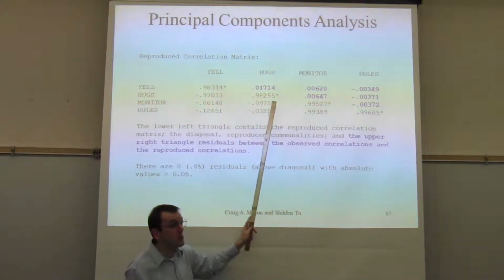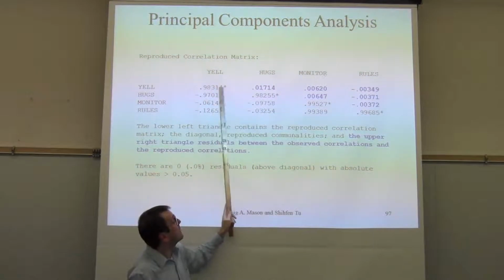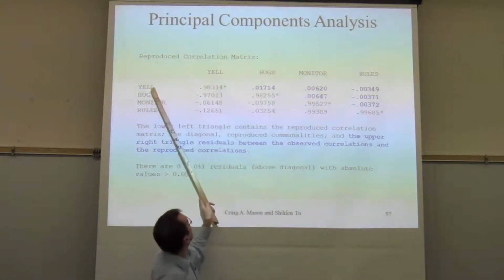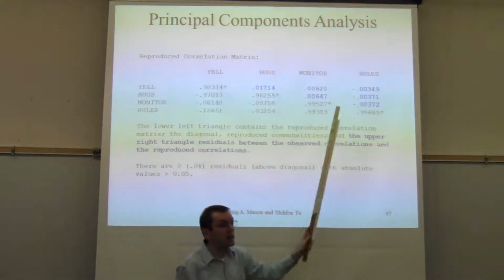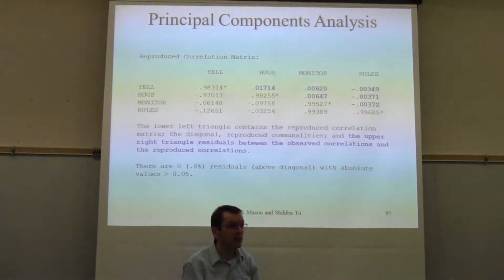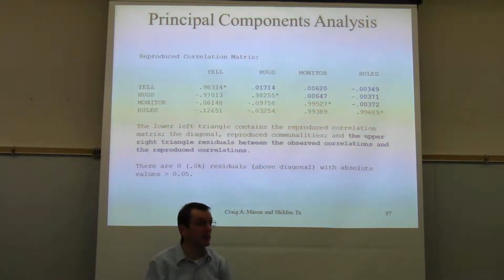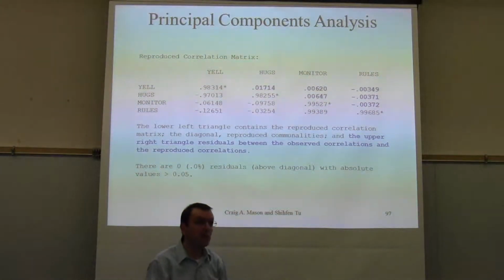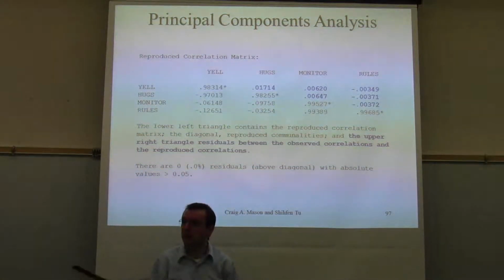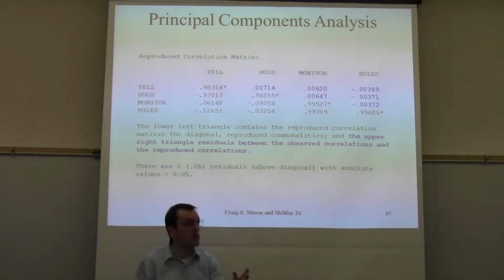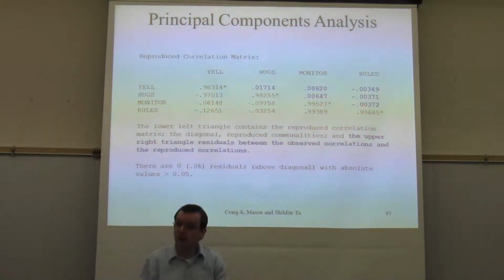Sometimes you'll do this, and what you might end up finding is that now it's saying yelling and rules have a really high correlation with each other. The information you lost is that these things aren't related to each other. And somehow, tossing out information, you might really screw up the relationship between a couple of variables, and maybe a couple of variables that are really important to you.